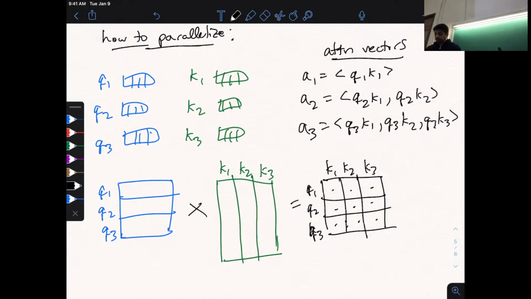So I don't need to compute all of these time steps independently of each other if I can just compute all of the query and key vectors for all time steps, put them into 2 matrices, and then take this matrix product, which gives us the dot products that I need for all of the time steps' attention distributions.